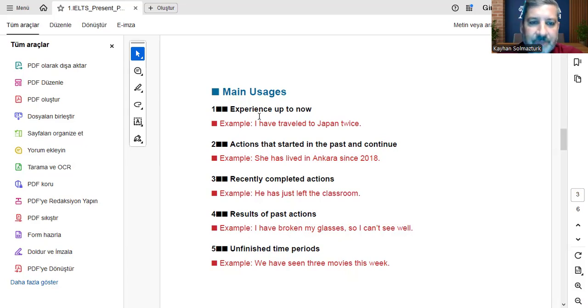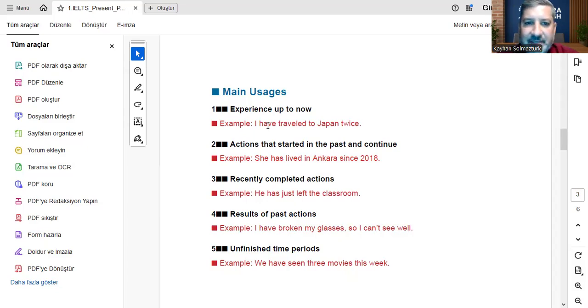Okay, so look, one is experience up to now. For example, I have traveled to Japan. Look, subject and auxiliary verb, and I have, look, experience up to now.